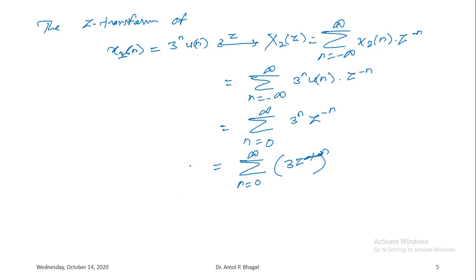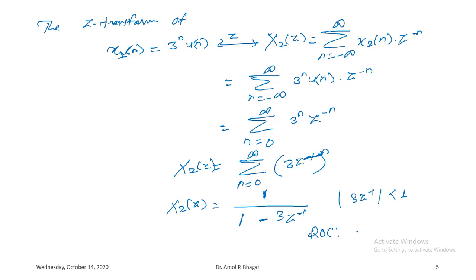This is your X2 of z. Again, by using the infinite geometric series you can represent it as 1 upon 1 minus 3z inverse, provided that mod 3z inverse is less than 1, so its ROC will be mod z greater than 3.